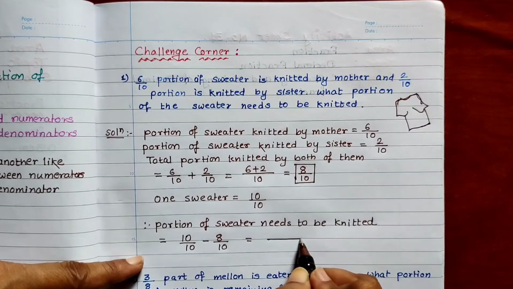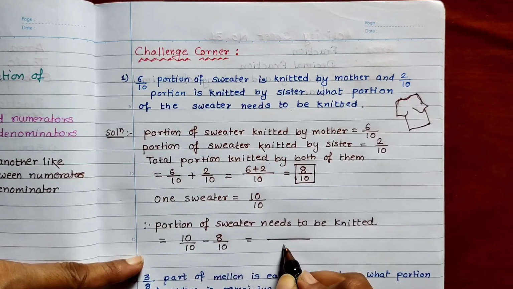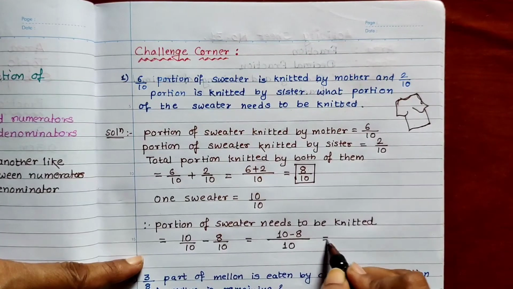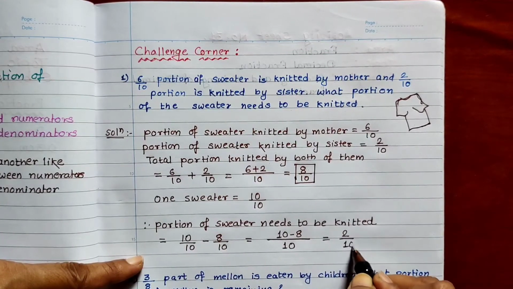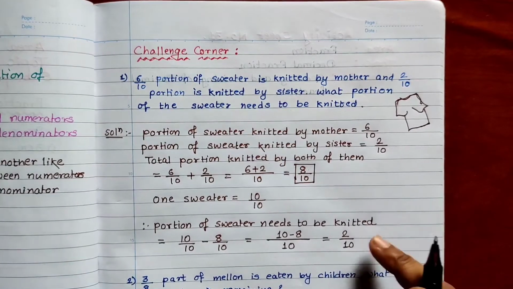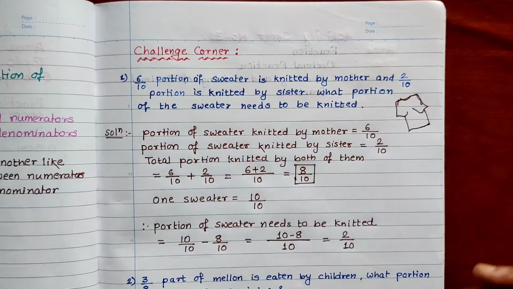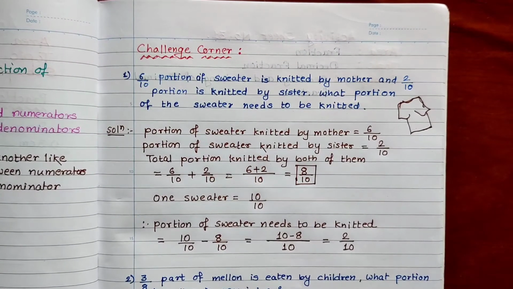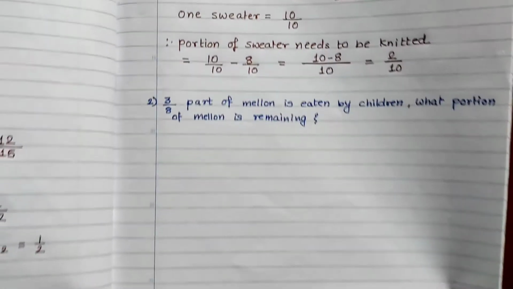So again, like fractions, we write denominator one time. We will subtract the numerators. 10 minus 8. So answer is 2 upon 10. So out of 10 parts, 2 parts are remaining to be knitted. In this way, you can solve this sum. Now let us go to the next question from challenge corner.